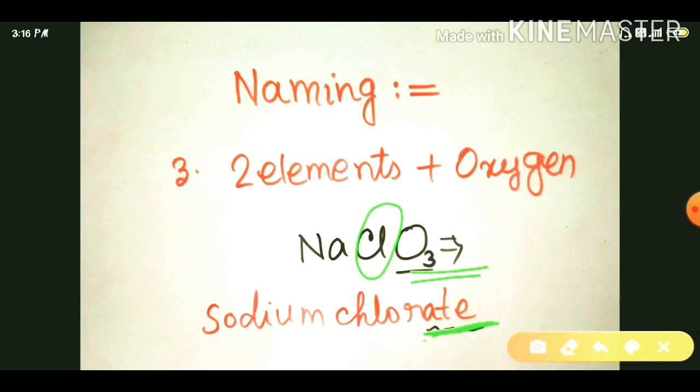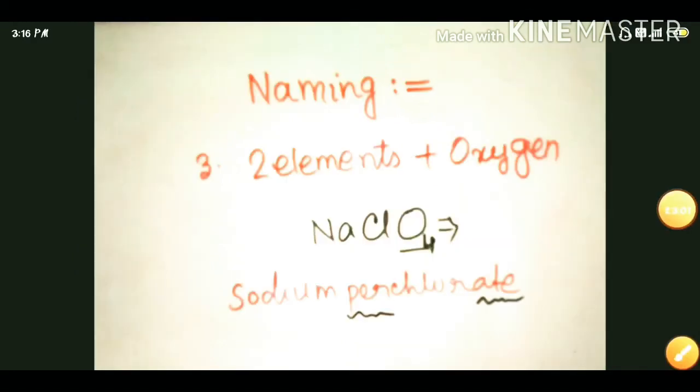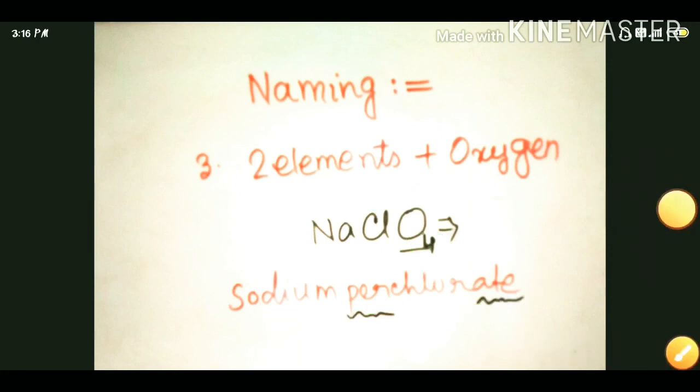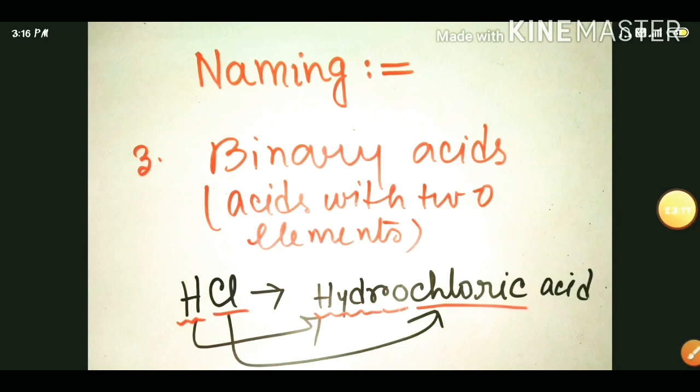Ite is vanished or replaced by ate. And here when we take 4 oxygen, then per prefix and ate suffix is added with the next element, so sodium perchlorate.